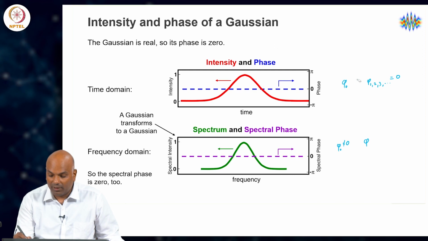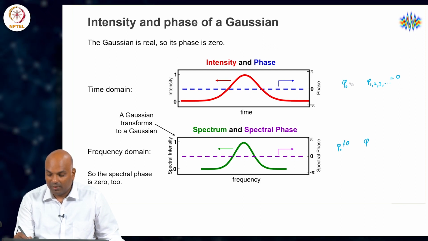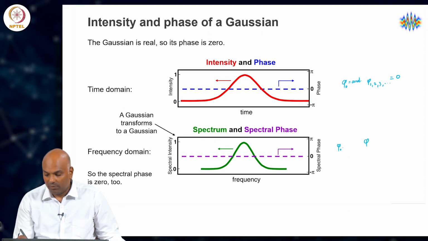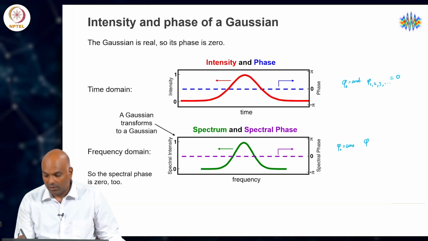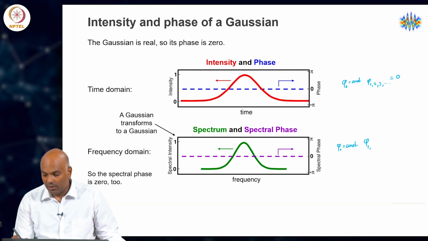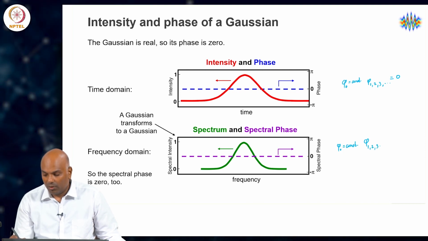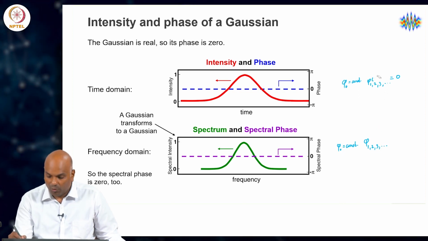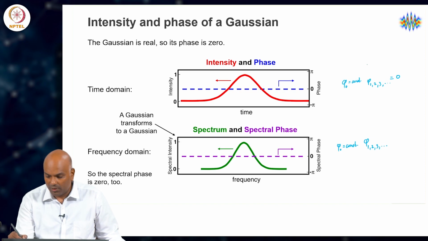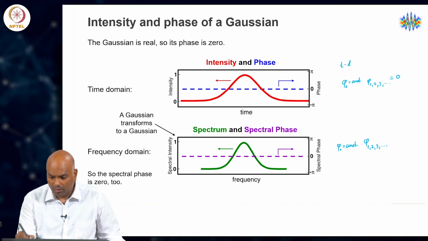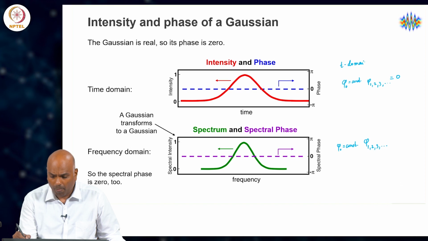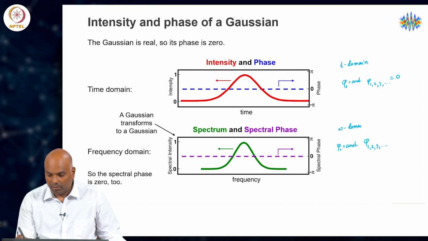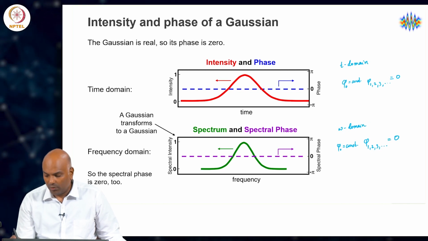Or it could even be 0 if you wish. This is constant. The constant that it is could be 0, whereas necessarily the higher order coefficients in the Taylor expansion are 0. The coefficients do not depend on time. So, this is in the time domain, whereas this is in the frequency domain.